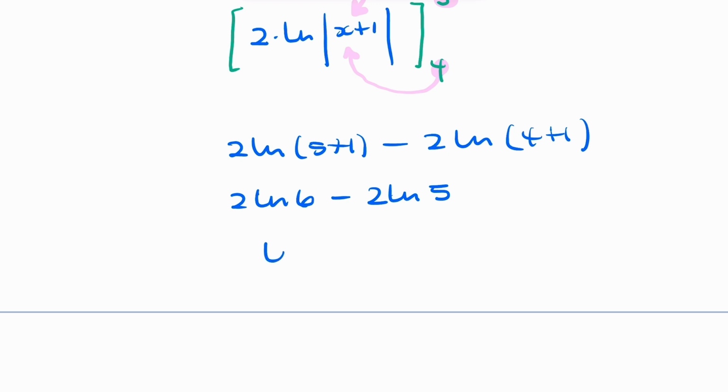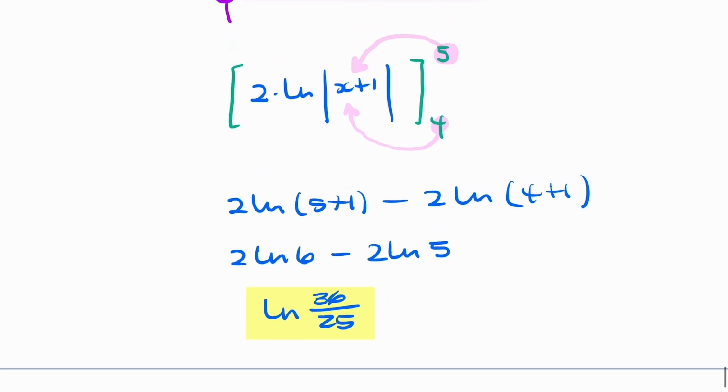You could say that that's ln of 36 over 25, if you like. I think that looks nicer, but that's perfectly fine. So that's how you would find the exact value. Obviously, you can put that in your calculator and find it to any number of significant figures as required.